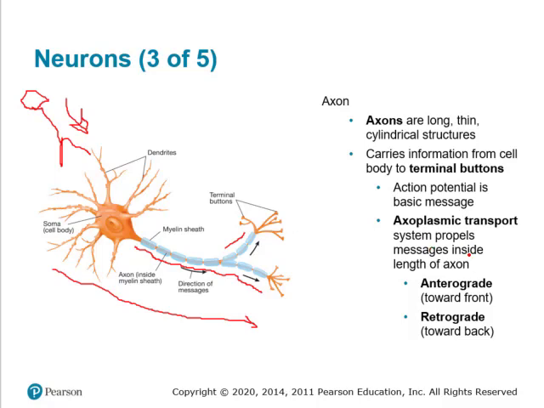The one exception is within neurons themselves, there's axoplasmic transport. And as part of axoplasmic transport, which we'll see in the next slide, there is anterograde and retrograde transportation.